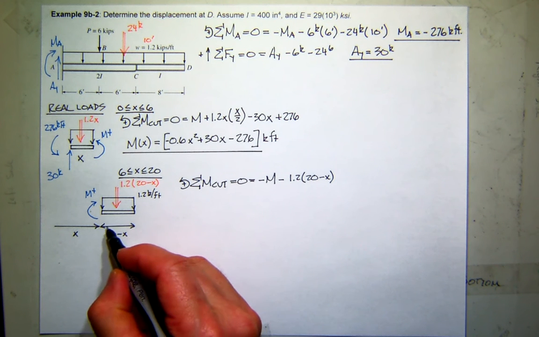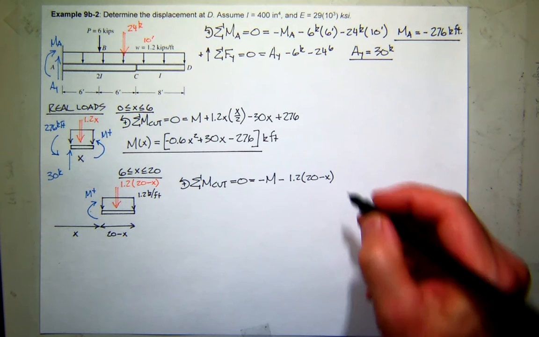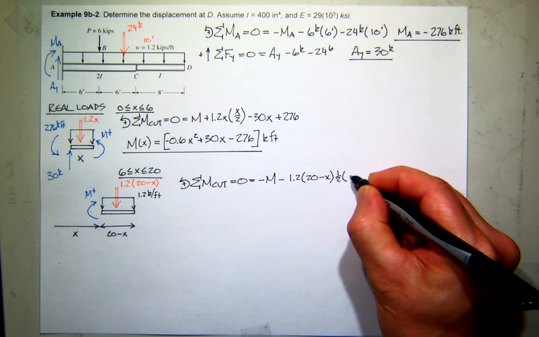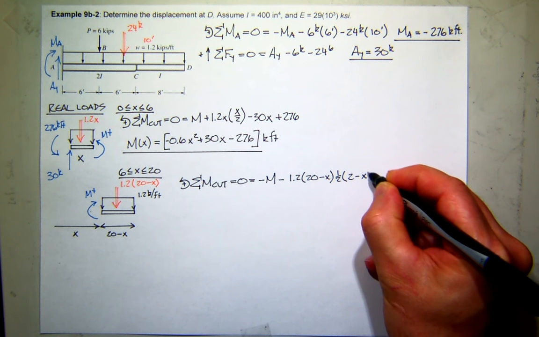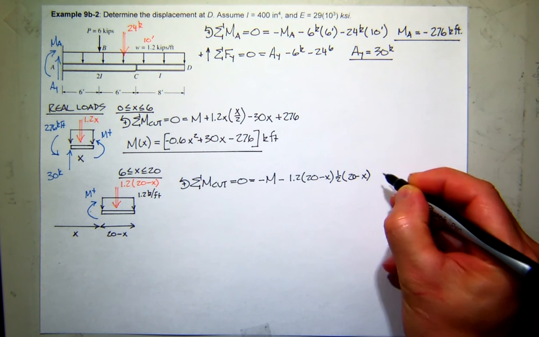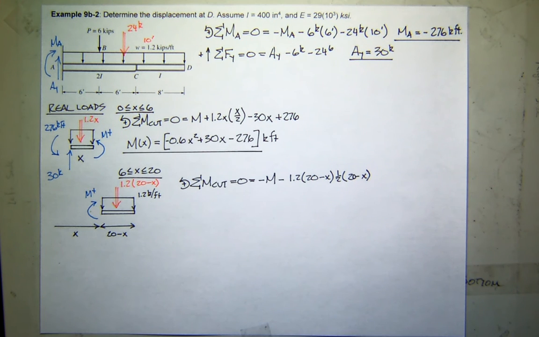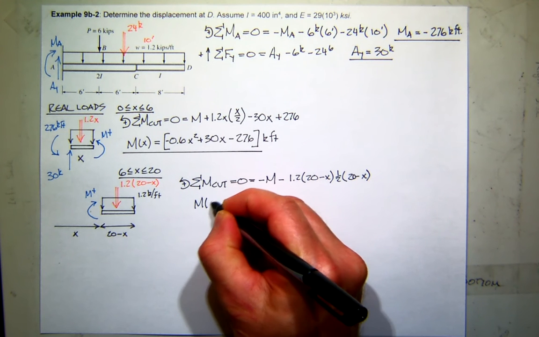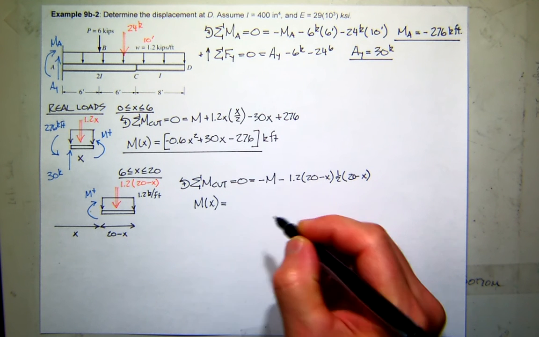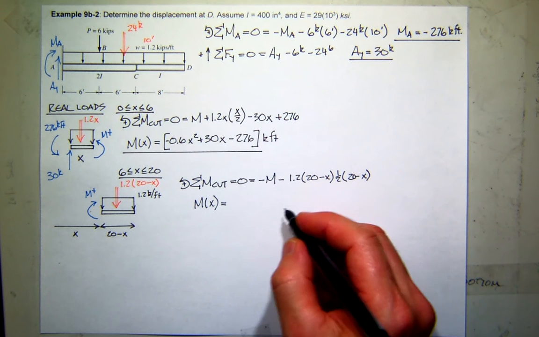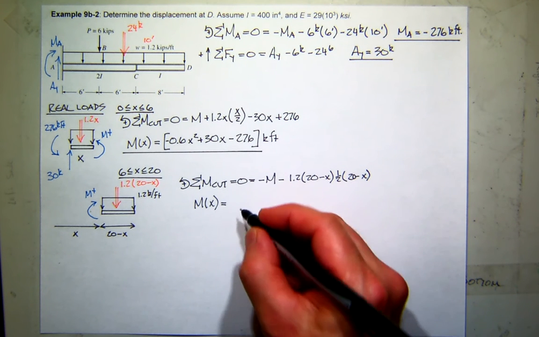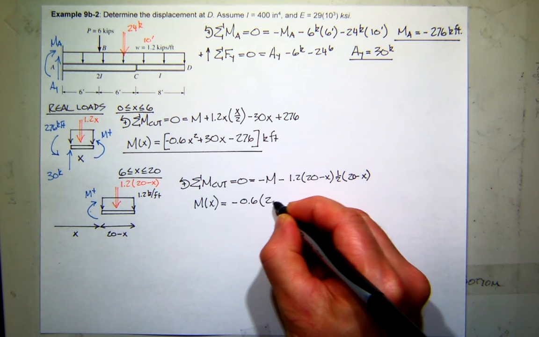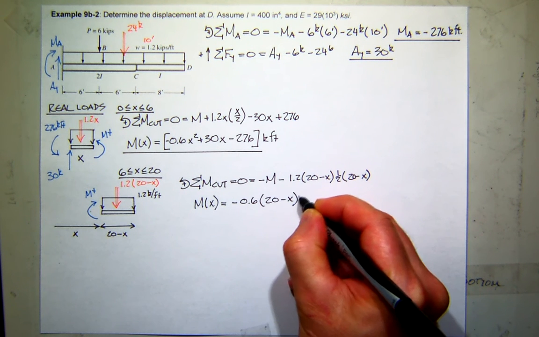Well, it's the distance divided by 2. So that's going to be 1/2 times 20 minus x. That's it. So it looks like the moment M of x, move that to the side of the equation, that 1/2 will take that out, so I get minus 0.6 times 20 minus x squared.